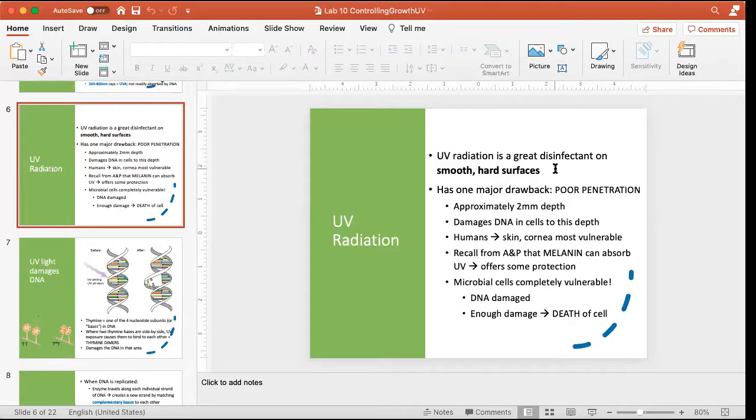So UV radiation is a good way to disinfect surfaces, to kill microbes, but it only works on smooth, hard surfaces because it has this one big drawback, which is poor penetration. It can only penetrate to a depth of about 2 millimeters. Cells within this depth will have their DNA damaged. So again, in us, that's skin and our eyes. Remember though, you and I do have a protective mechanism in our skin cells, don't we?